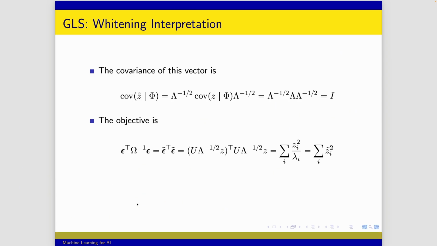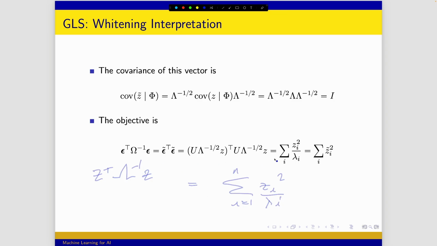Let me write that again. So z transpose lambda to the minus 1 times z will be just the same as a normal dot product, z transpose z, which would give us the sum from i equals 1 up to n of zi squared, except we divide each term by lambda i.